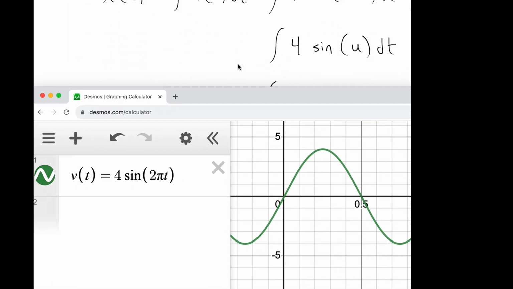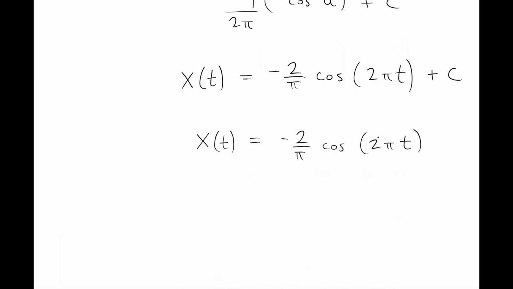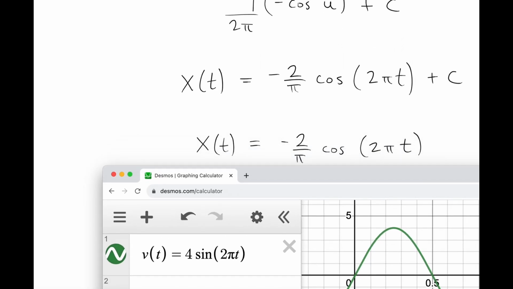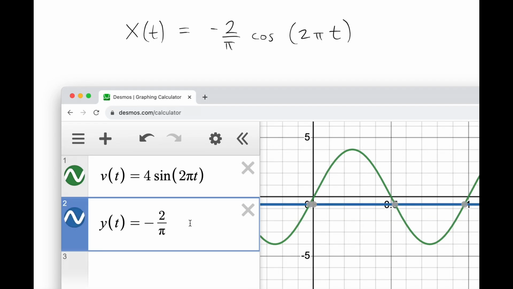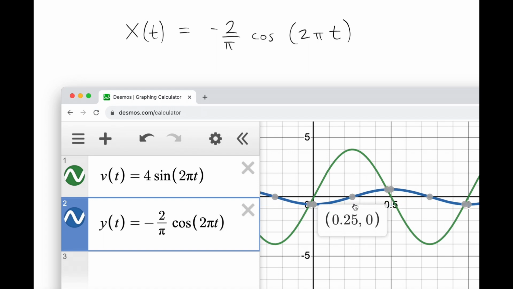So that's my velocity graph. Now let's plug in what I believe the position function to be. Okay, so the blue represents the position function.